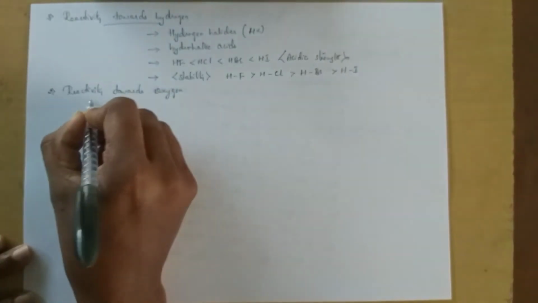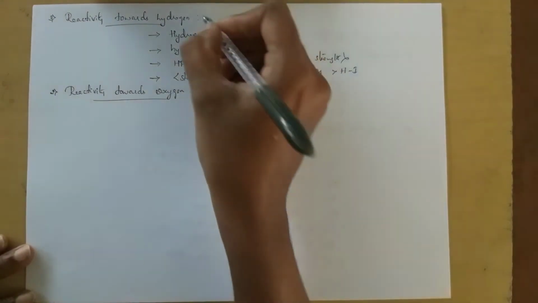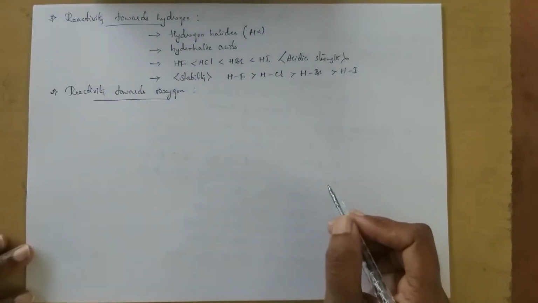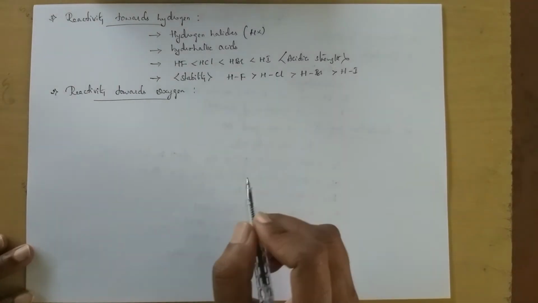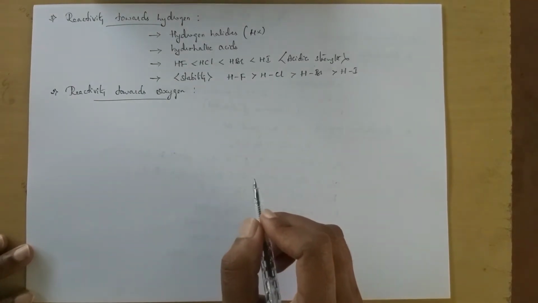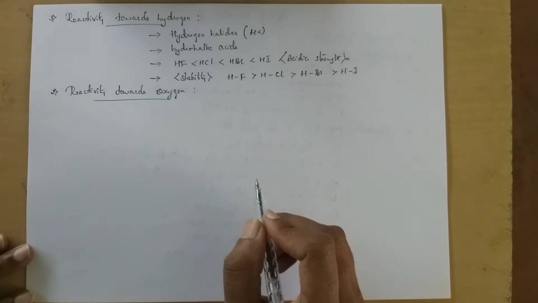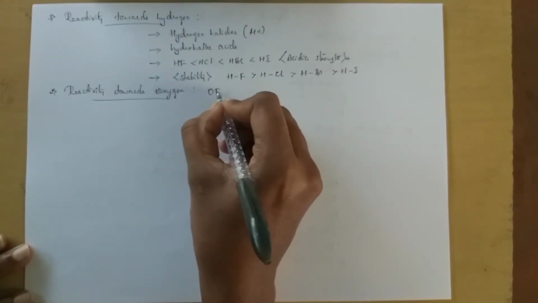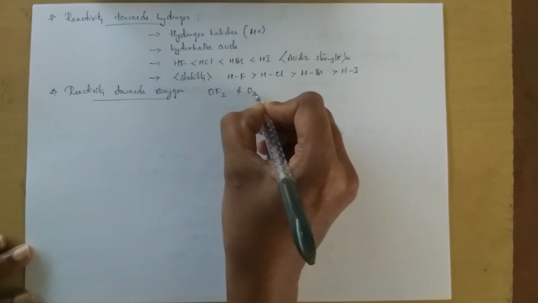These halogens react with oxygen to form particularly two types of oxides, that is OF2 and O2F2.